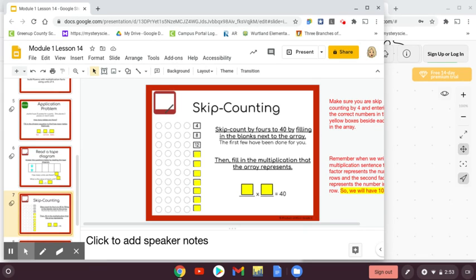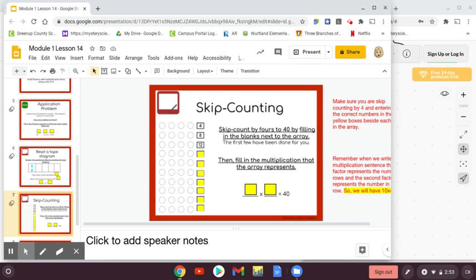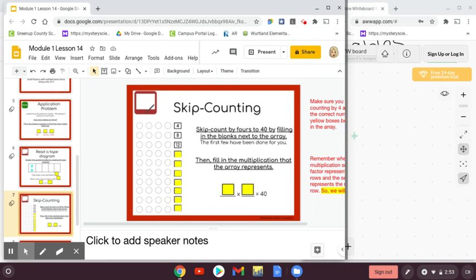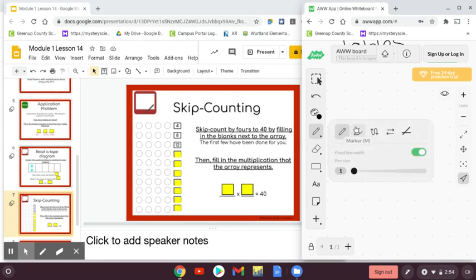All the way up till we get at the very end of 40. So if we have 10 rows, we're going to have 10 times 4 in each. So 10 times 4 is 40. That is what we should have as our multiplication sentence. 10 times 4 is 40. So it should say 10 times 4 is 40 on your slide when you fill in those yellow boxes.